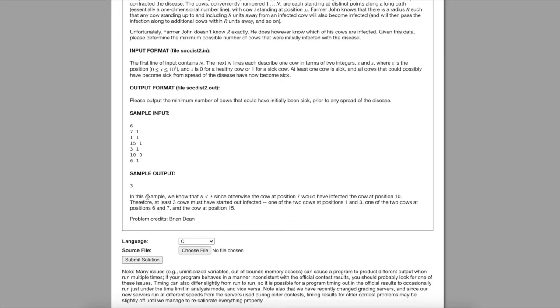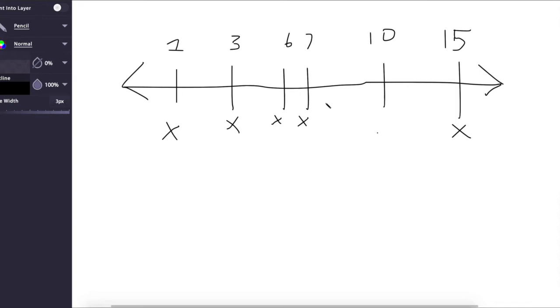So this problem actually gives us a very important note: if r is less than 3, the cow at position 7 would have infected the cow at position 10. But in this case, the cow at position 7 is infected, but the cow at position 10 is not infected. Therefore, we know that the radius cannot be 3 or larger, or else this cow would have been infected.